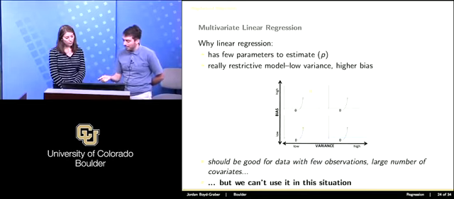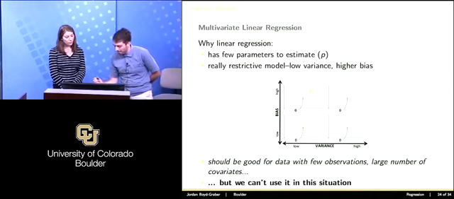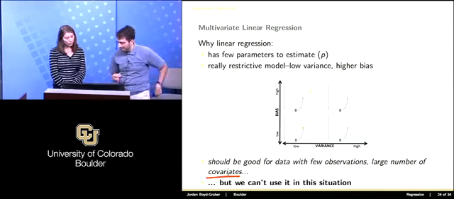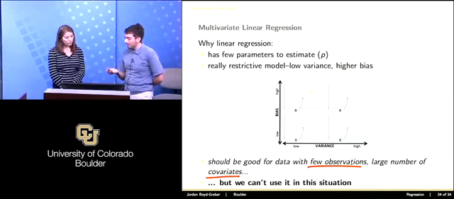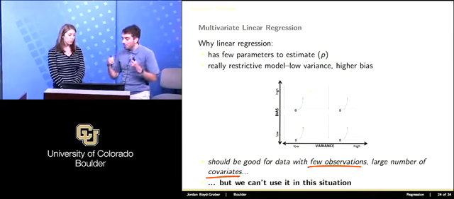And so in linear regression, if you have a lot of covariates, a very high dimensionality, and very few observations, you can be led astray. And you can't use linear regression because it depends on having a good number of observations for every dimension.